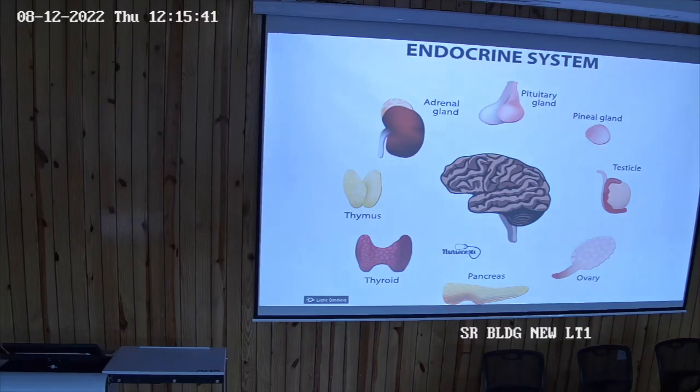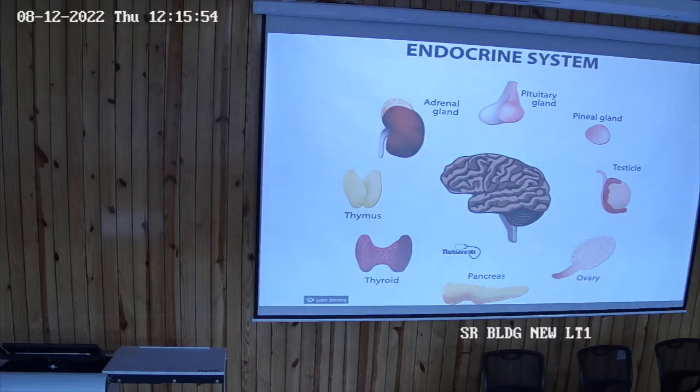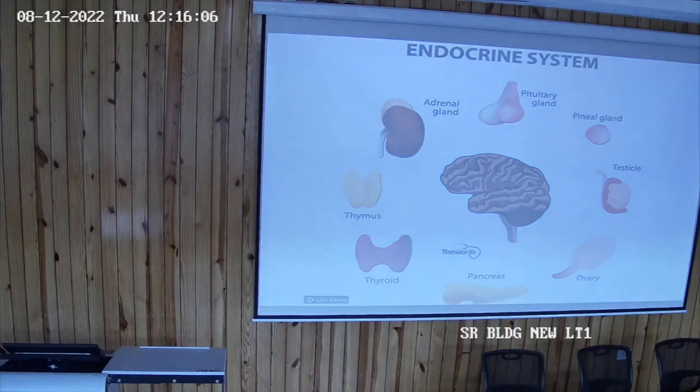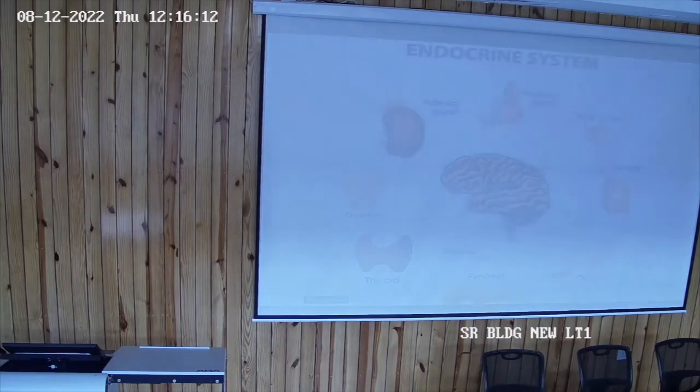Then, besides this, the anterior lobe of the pituitary gland also secretes the hormone prolactin. Prolactin is responsible for milk secretion from the breast. Then one more hormone, that is melanocyte stimulating hormone.